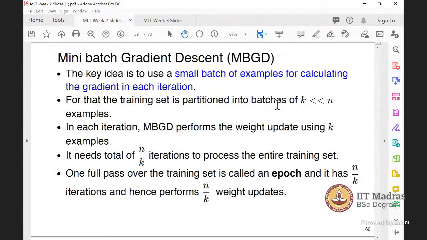And the next variation is this, in more detail. So see, your K, the number of batches, is very small.